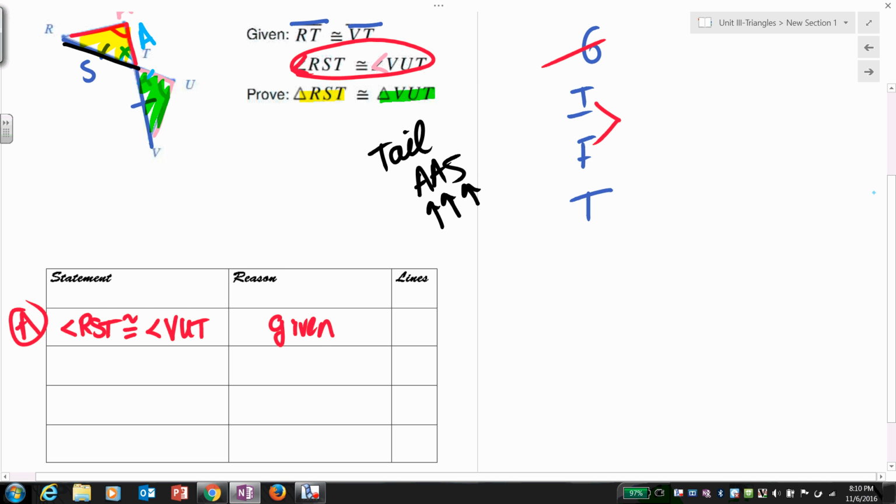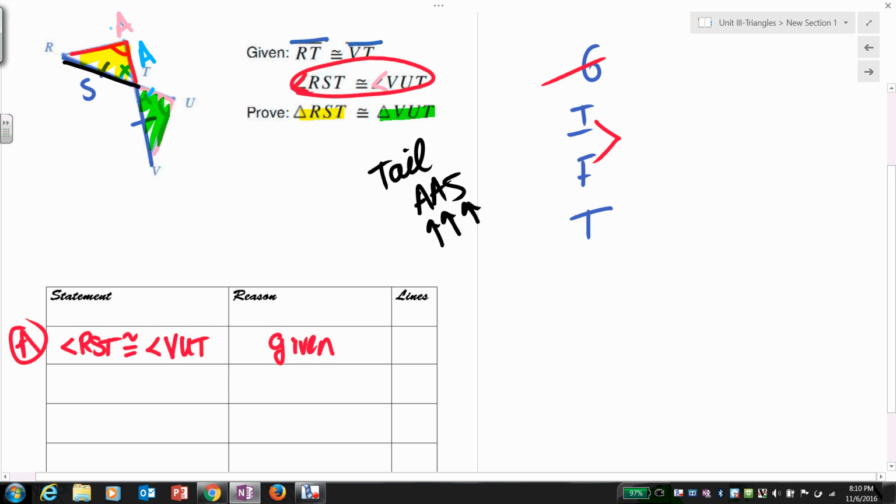I'm going to call this angle right here RTS is congruent to VTU. There's our other angle. And that is because vertical angles are congruent.